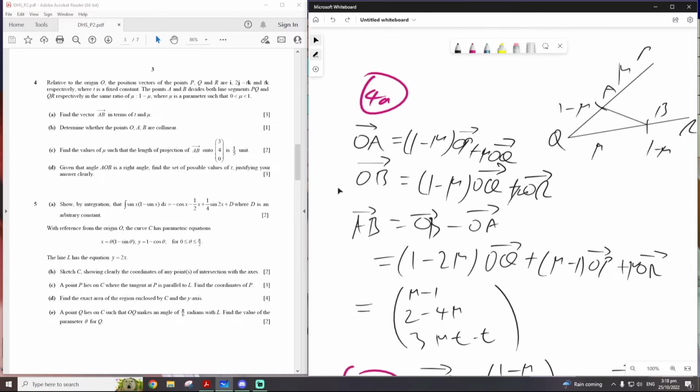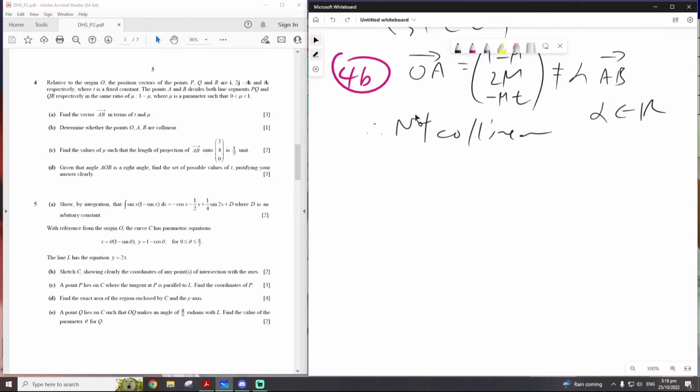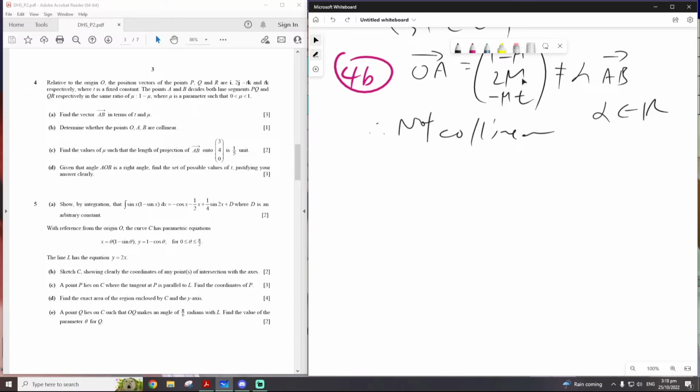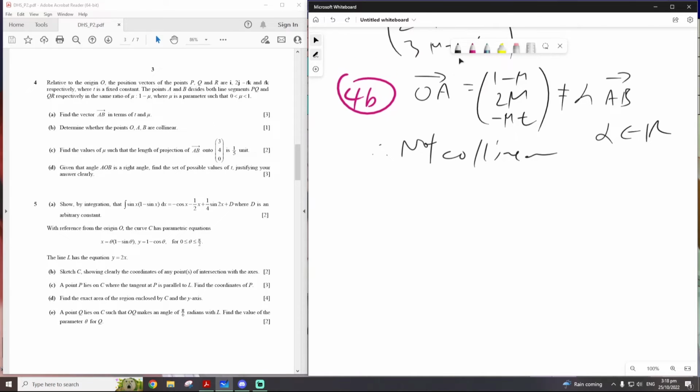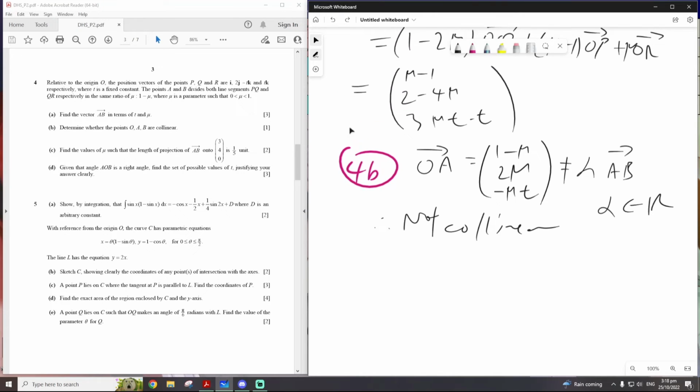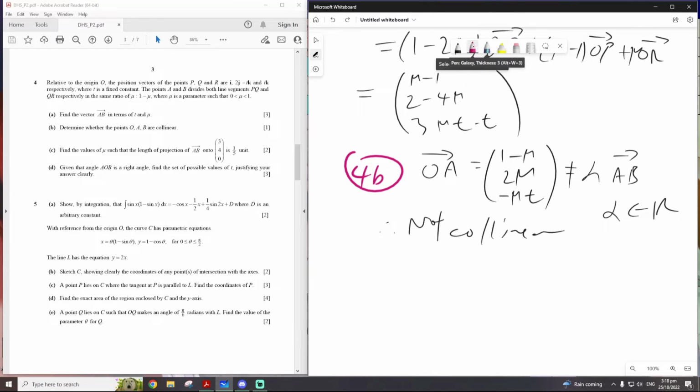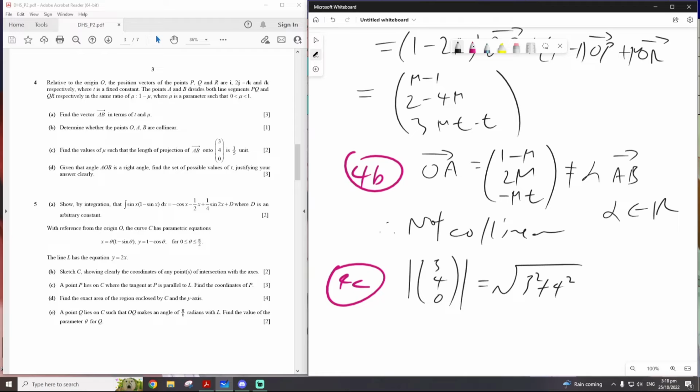My mouse is being recognized as a pen for some reason. Okay. Find the values of mu such that the length of projection of AB onto (3, 4, 0) is 1 over 5. So the length of projection is mod of A dot d cap. Take note that mod of (3, 4, 0) is the square root of 3 squared plus 4 squared, which is 5 exactly.